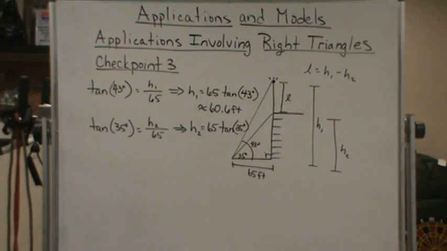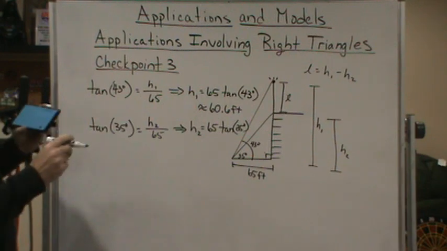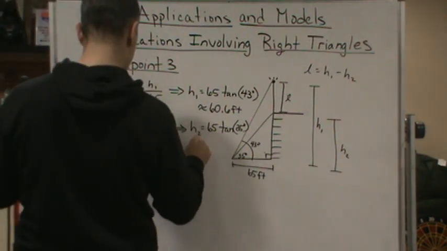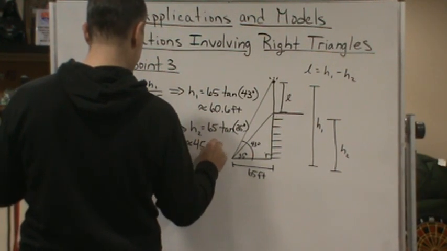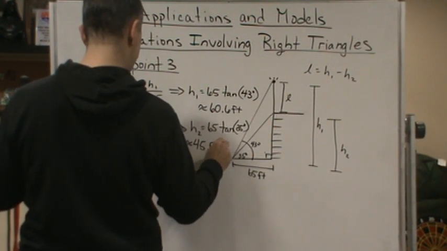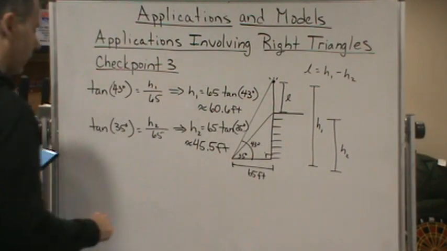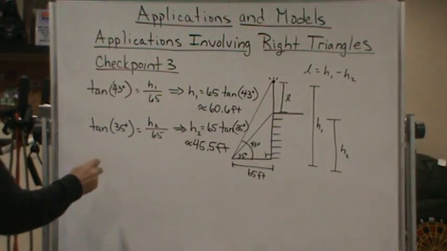And then similarly, we're going to take 65 times the tangent of 35 degrees, and that's approximately 45.5 feet.